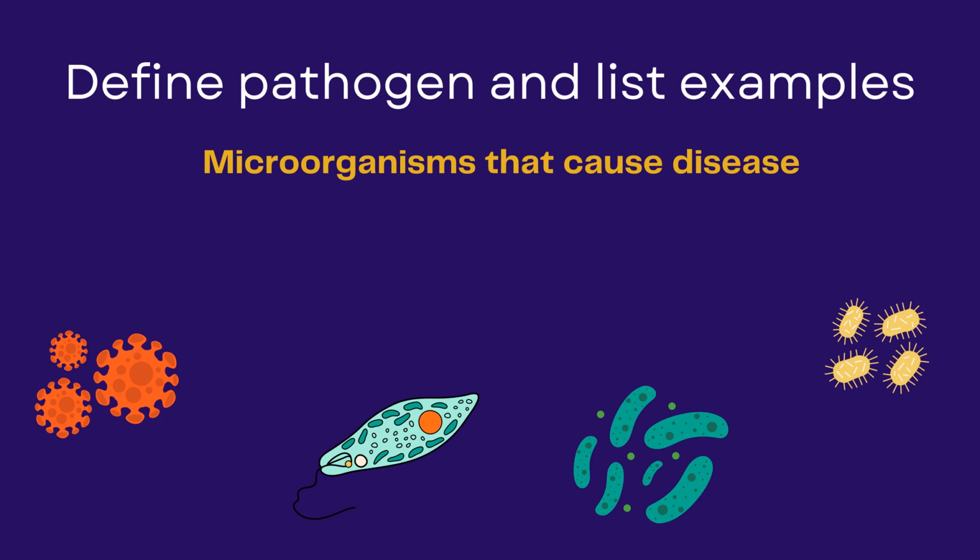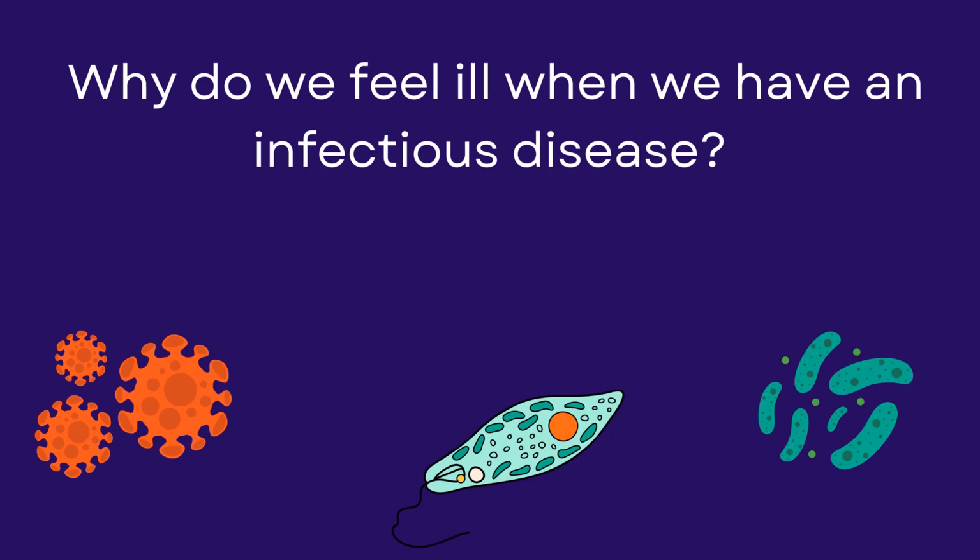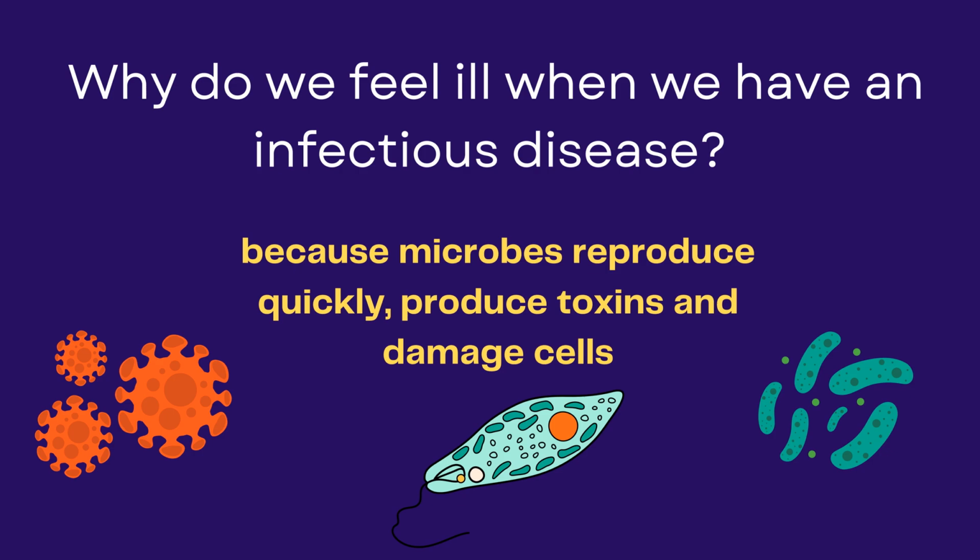Microorganisms that cause disease, and examples would be bacteria, viruses, protists, and fungi. Why do we feel ill when we have an infectious disease? Because microbes reproduce quickly, produce toxins, and damage cells.